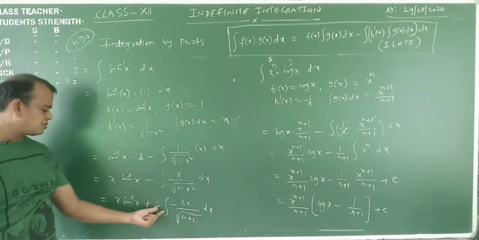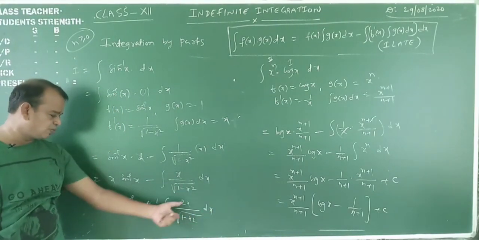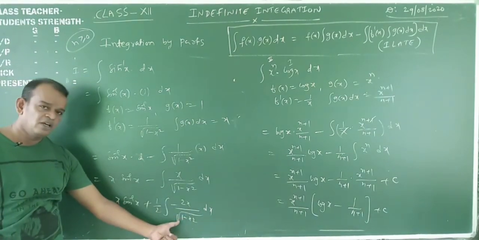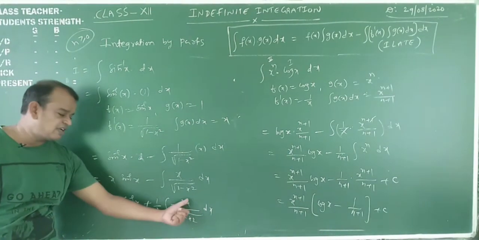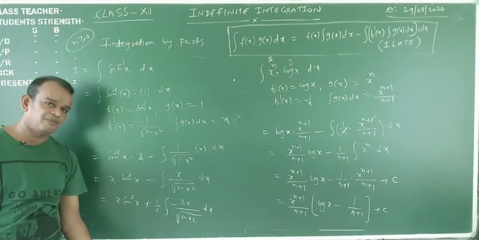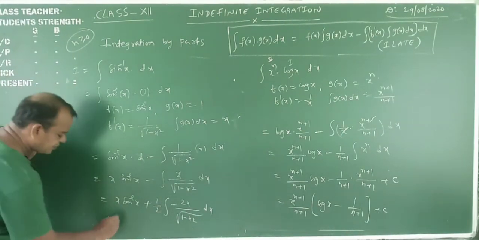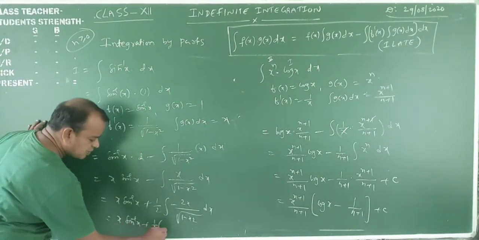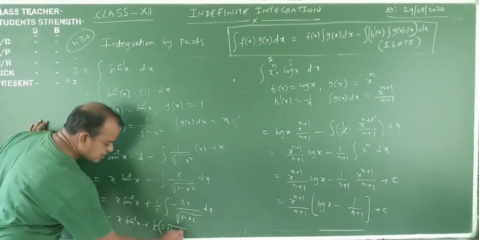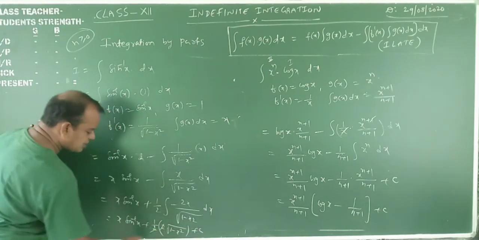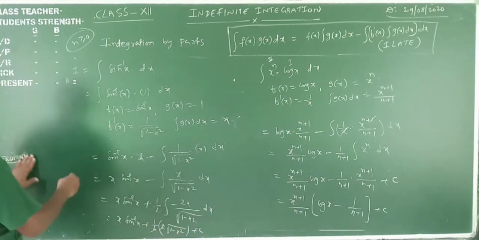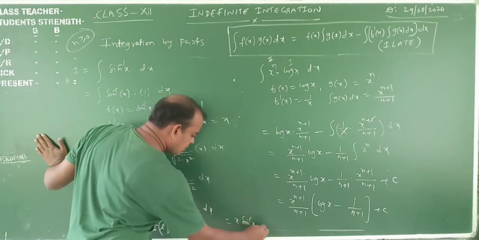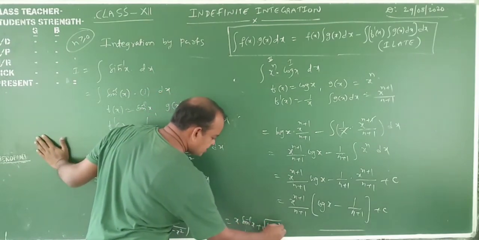You divided by minus 2, already a minus is there, so the 2 cancels, and minus into minus is plus. This is f dash of x by root f of x, and the formula is 2 root f of x. That is equal to x into sin inverse of x plus 1 by 2 into 2 root over 1 minus x square, the 2 cancels, which equals x sin inverse of x plus root over 1 minus x square plus c.